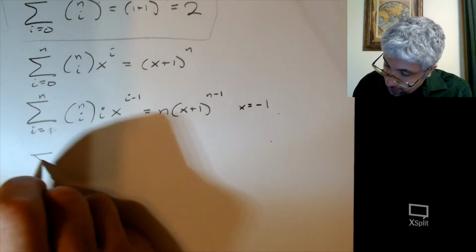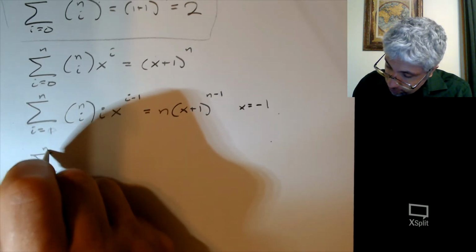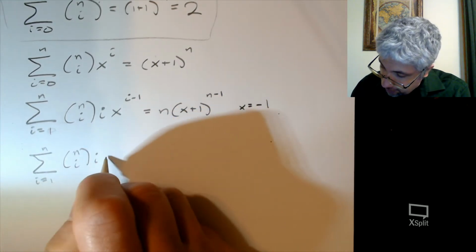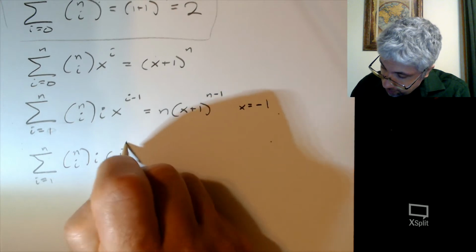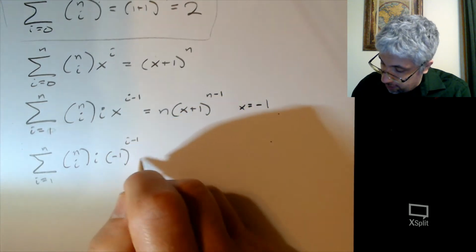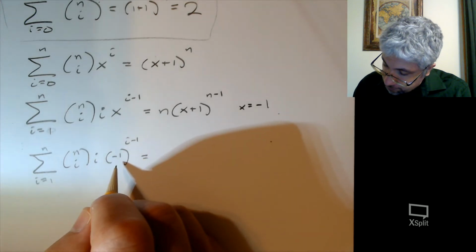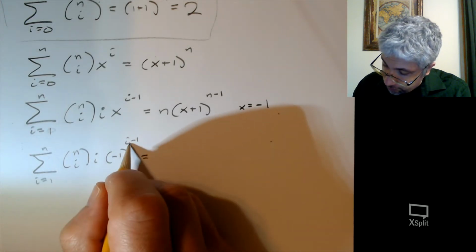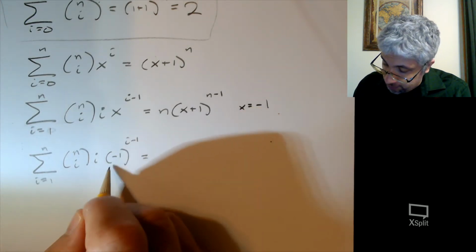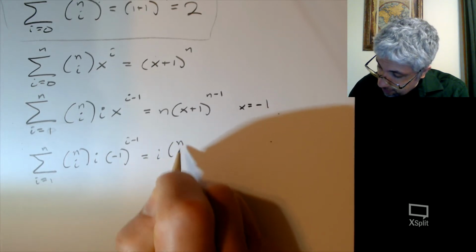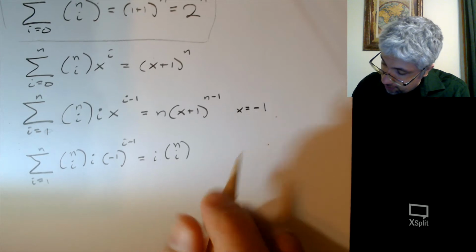So what we get here is the sum from i equals 1 to n of n choose i times minus 1 to the i minus 1. So how would this start? This would start with i equals 1. This would be minus 1 to the 0, which would be positive.